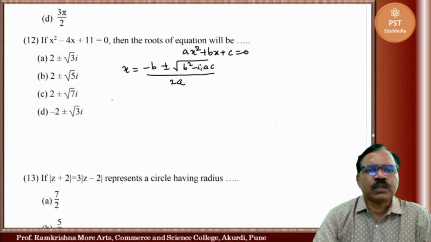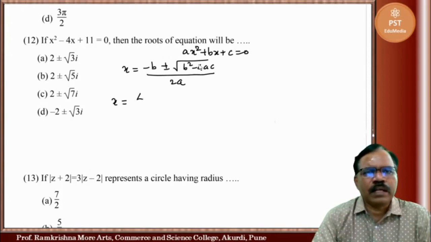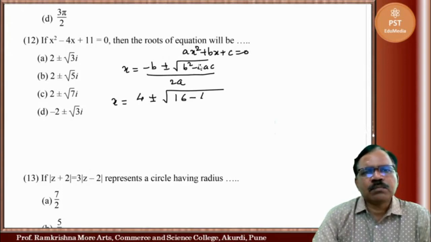We know this. So x is equal to minus b, that is b is minus 4, so I will get 4 plus or minus under root b square, 4 square, that is 16 minus 4ac. A is 1 and c is 11.